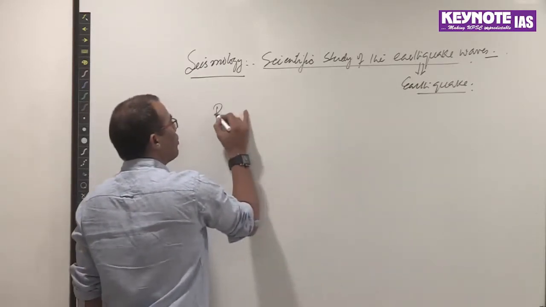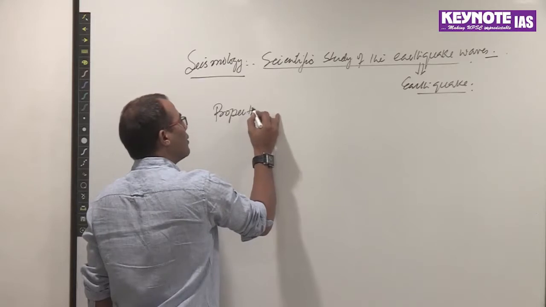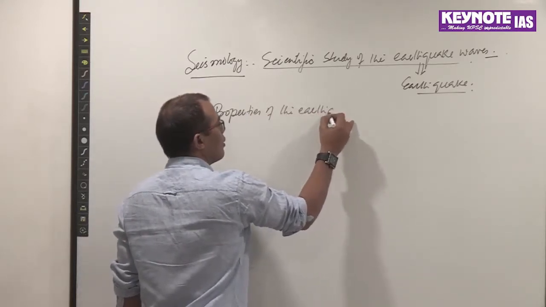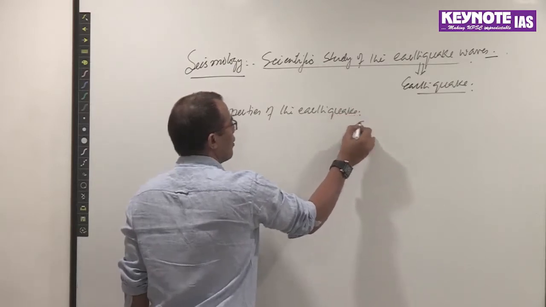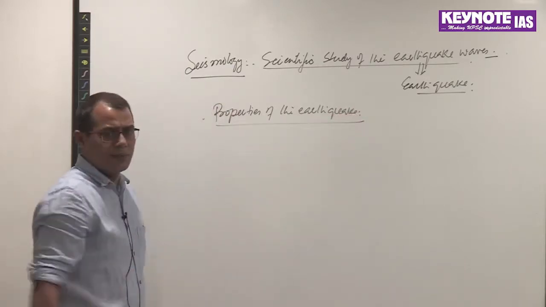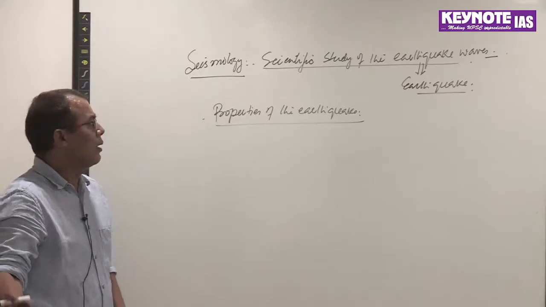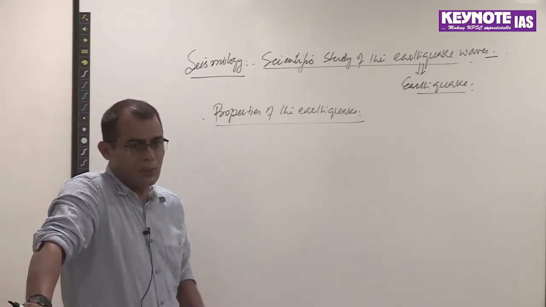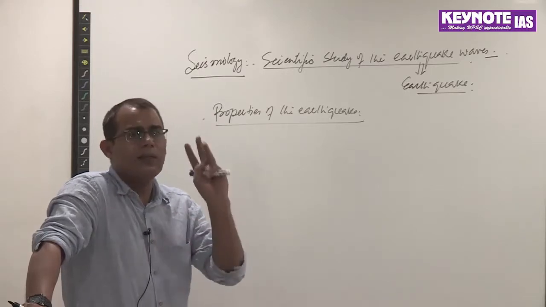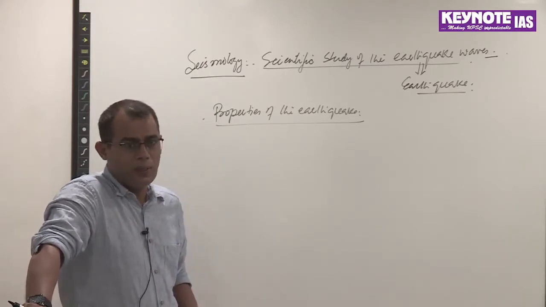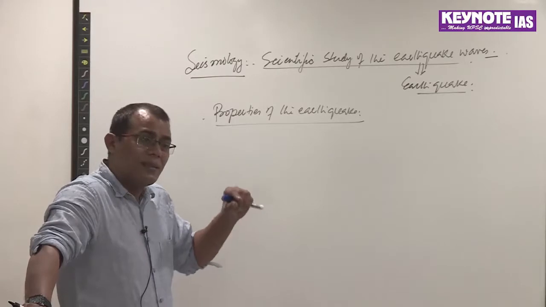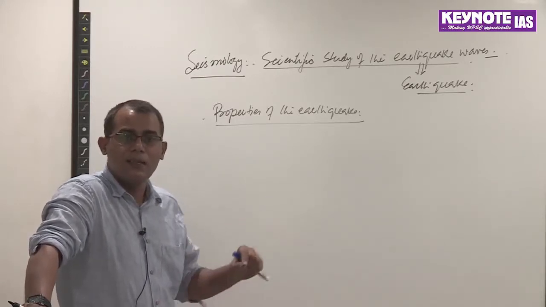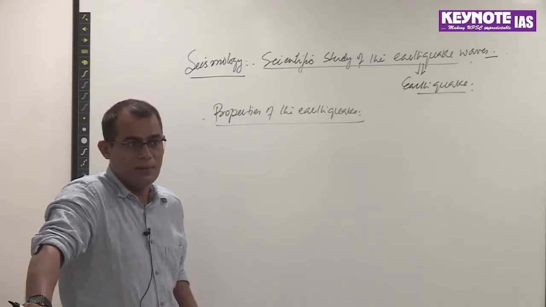Now if you look at the properties of earthquake waves, here questions can be different. If the question is to discuss the basic properties of the earthquake, you need to write directly the properties. If it asks what are the different properties of earthquake which have revealed the earth interior, the answer will be different.